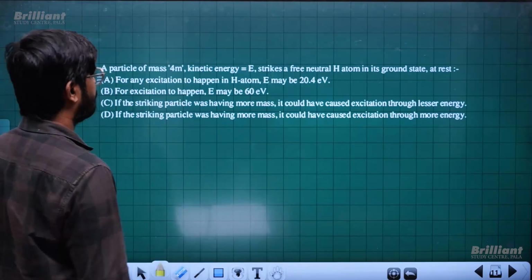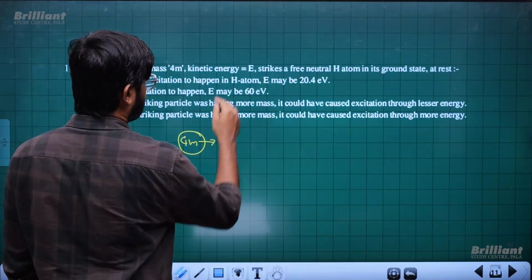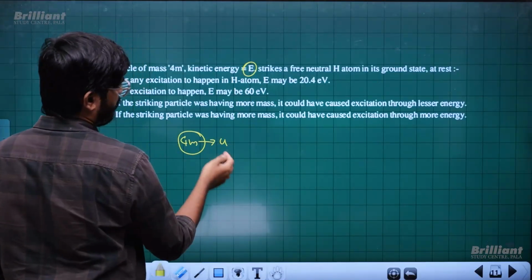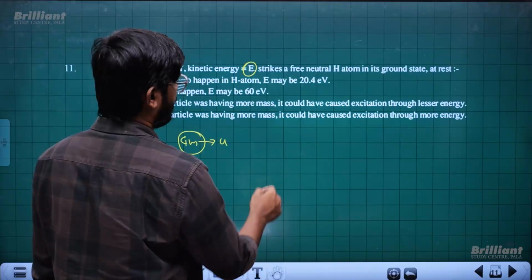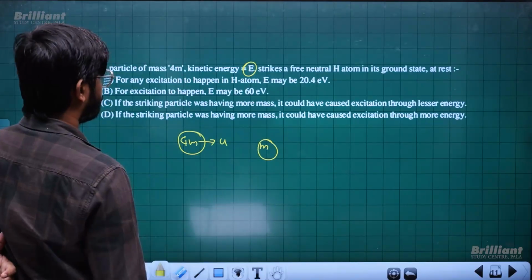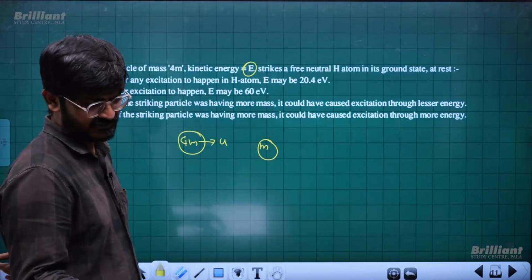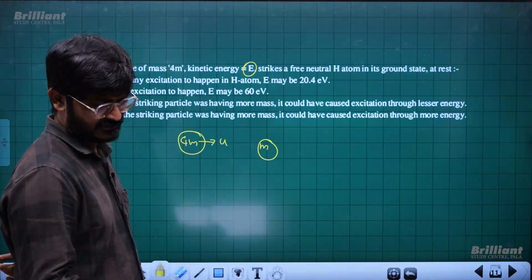A particle of mass 4m of energy E, half into 4m into U square is E, strikes a free neutral hydrogen atom. Oh, I think the hydrogen atom mass should have been given. Is it not needed?